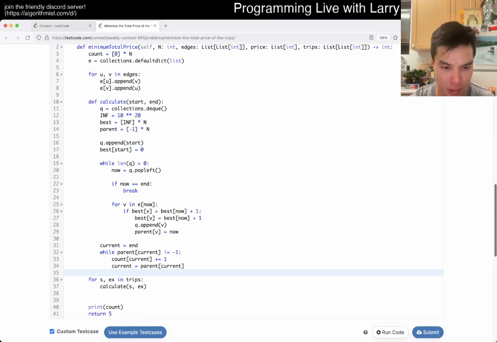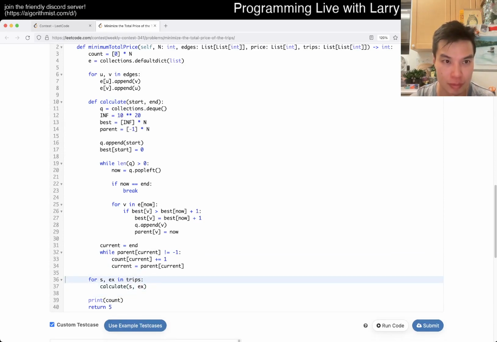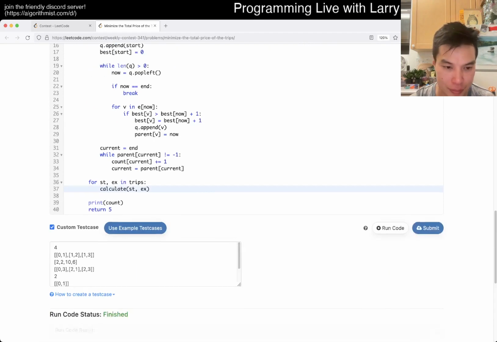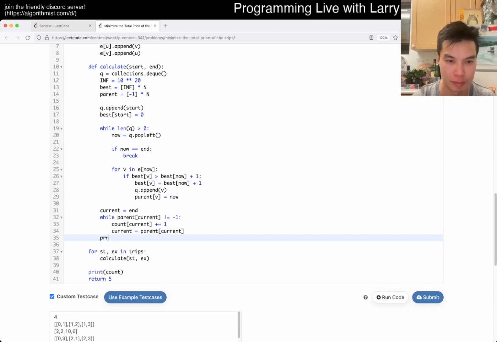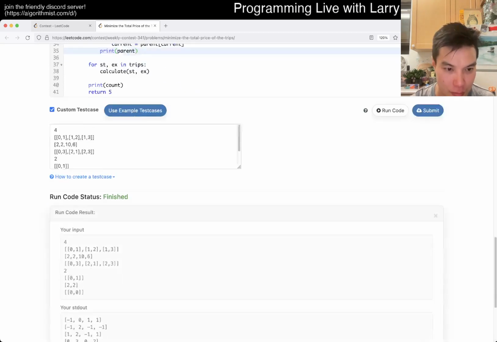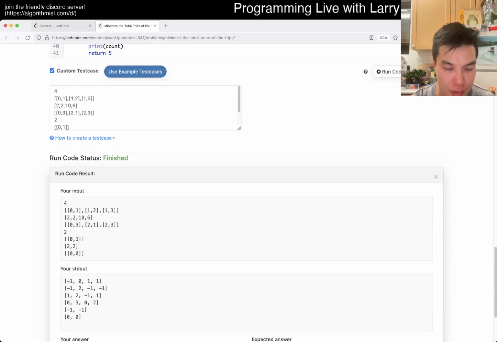It's not quite right. So the first trip is from 0 to 3. So that's 0, 1, 2. Right.